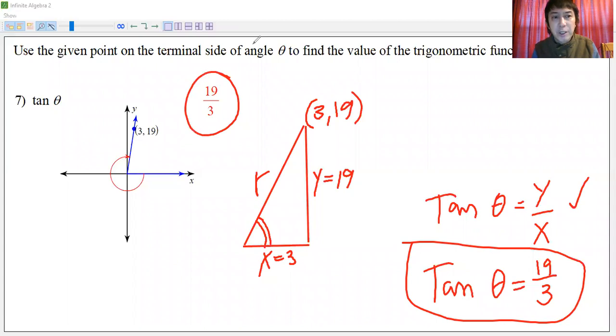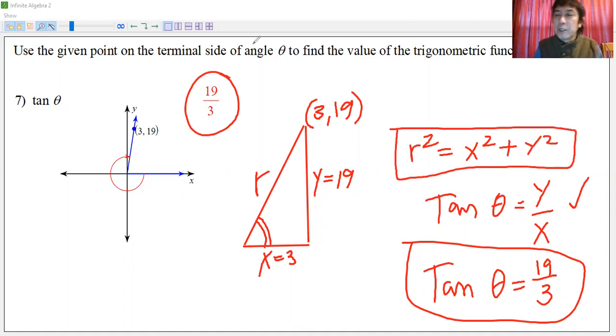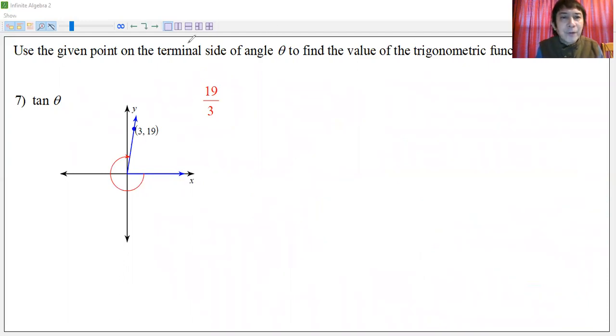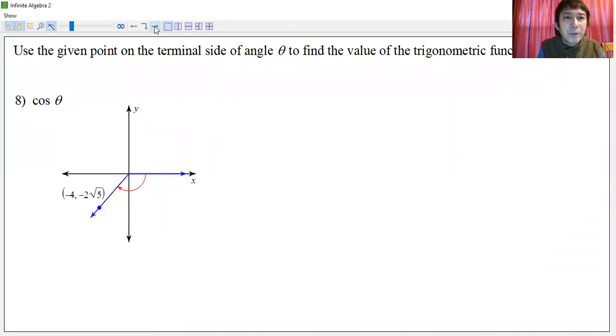If you need the r, then use this formula. Let's proceed to number 8. Let me clear the screen and proceed to number 8.